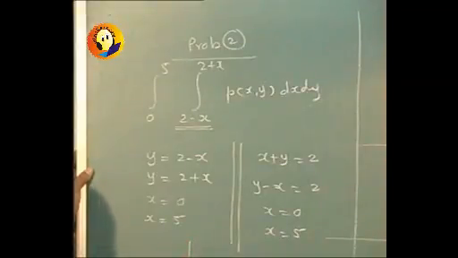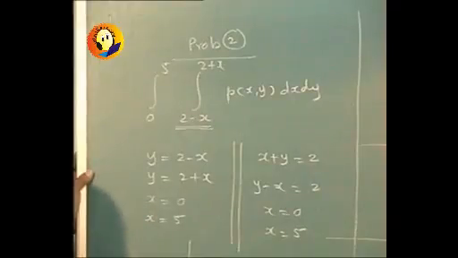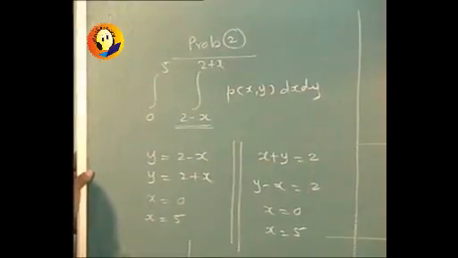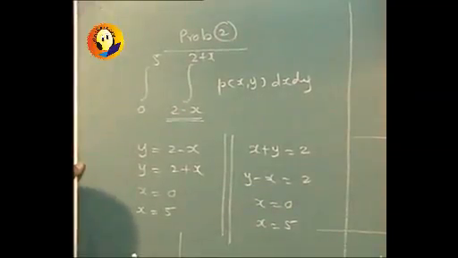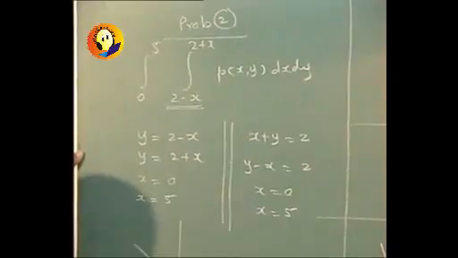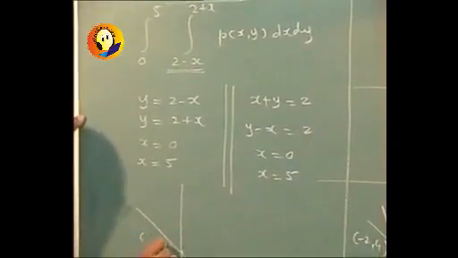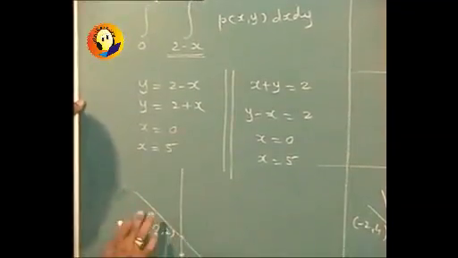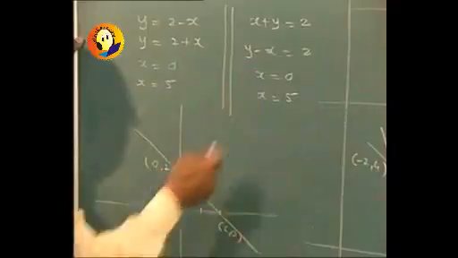If we try to plot these curves, x plus y equal to 2 is the line which we had discussed in the previous problem also, passing through the points 2, 0 and 0, 2. So this is point 2, 0 and this is point 0, 2. Fine. What about this line y minus x equal to 2?